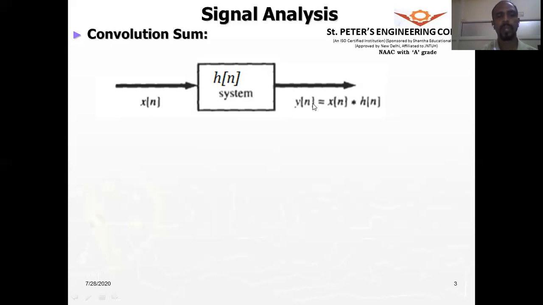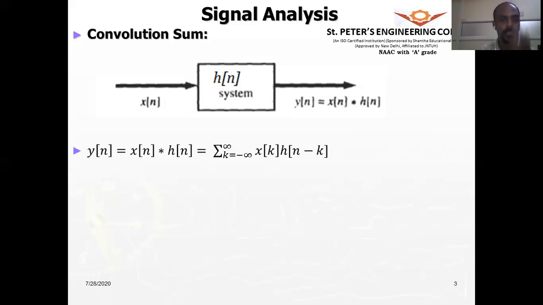So y of n is the output given out by the system, which is obtained by convolving x of n with h of n. This star represents the operation of convolution. When we are dealing with a discrete time system, it is called convolution sum. Suppose you are dealing with a continuous time system, then we call it convolution integral.